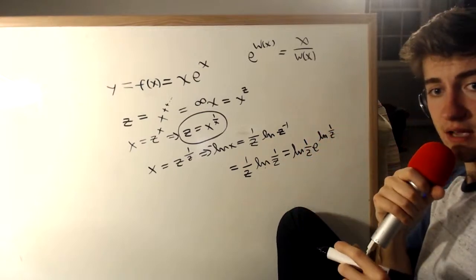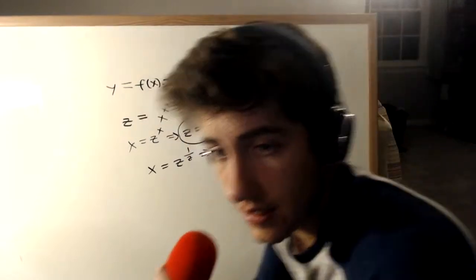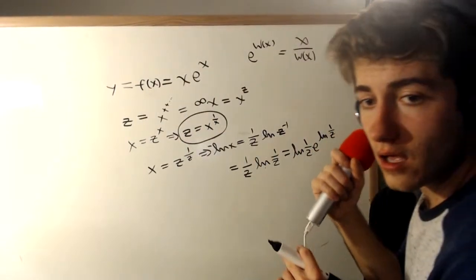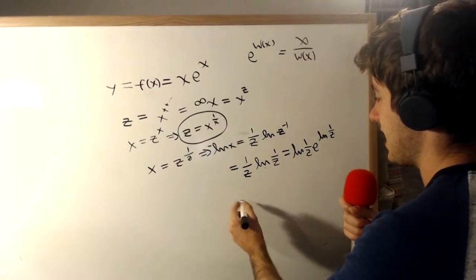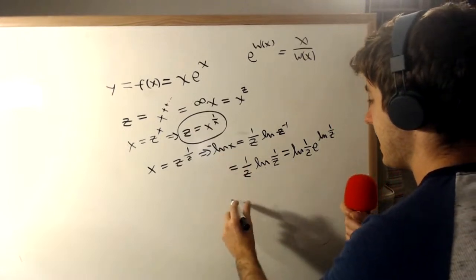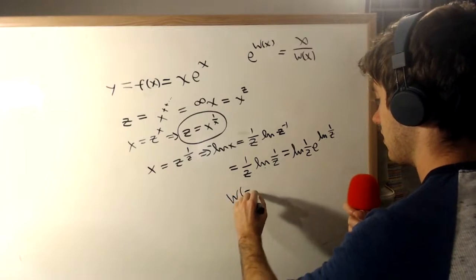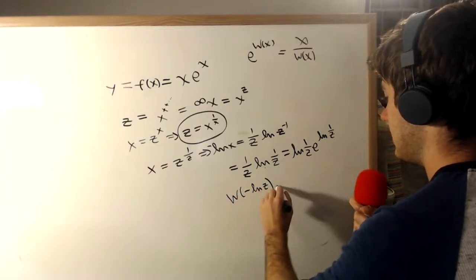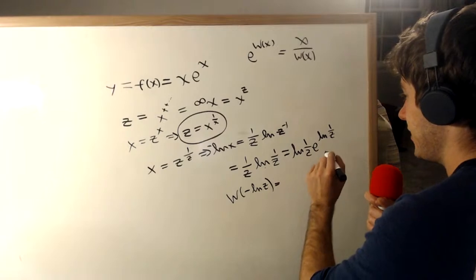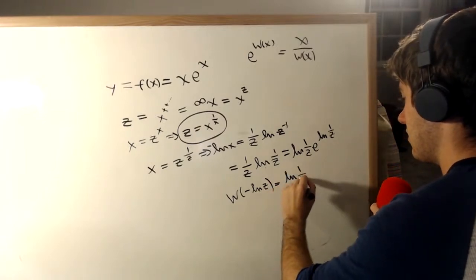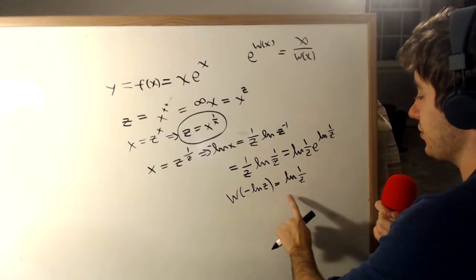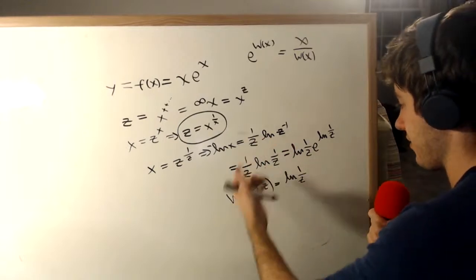Is that visible to everybody? I think so. And so then we're going to apply W to both sides again. And so we get W of negative ln of z is equal to ln of 1 over z. So we can multiply both sides, or we could do e to the thing again.